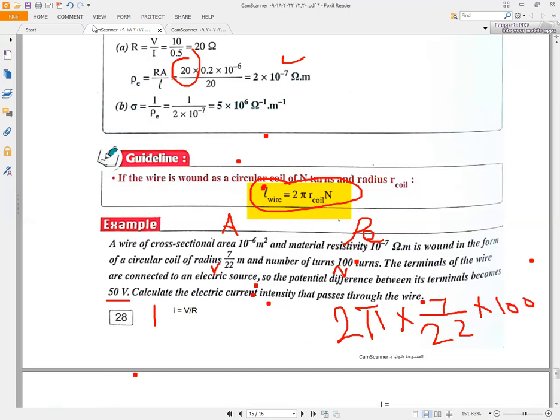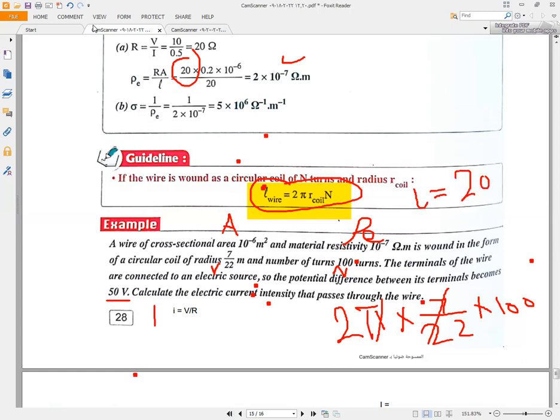The measure unit of radius is meter. So 2 times 100 equals 200. So the length of the wire equals 200 meter.